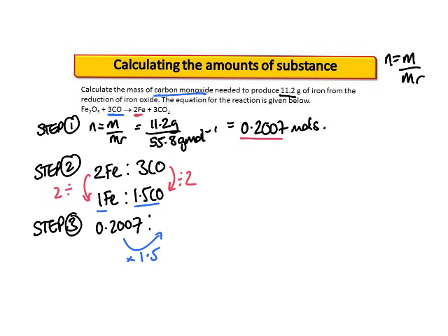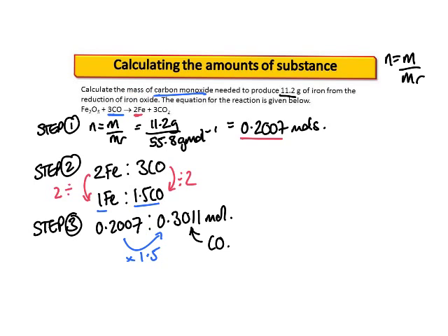That will give us 0.3011 mole. This is the number of moles of carbon monoxide, so we still have to finish off calculating the mass.